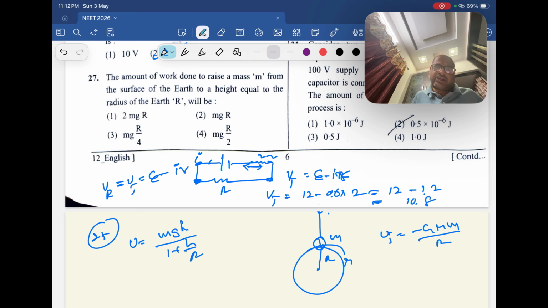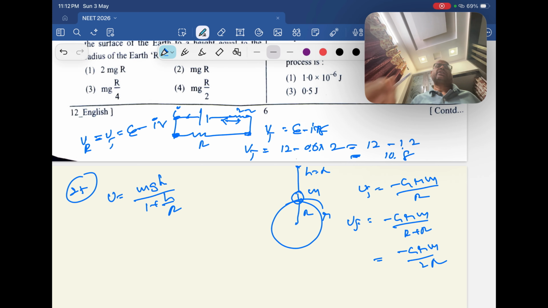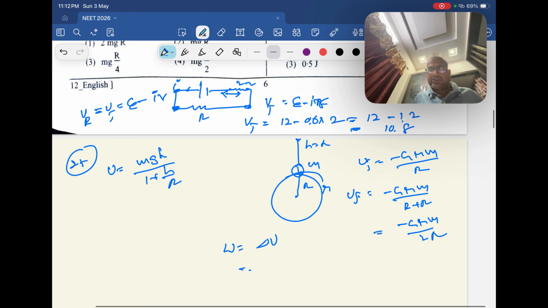If you rise to a height h equal to R, at this time the potential energy will be minus G capital M small m by R plus h, meaning R plus R, which becomes how much? It becomes minus G capital M small m by 2R. So we are lifting the object against what? Gravity. So the work done will be the change in potential energy, final minus initial.